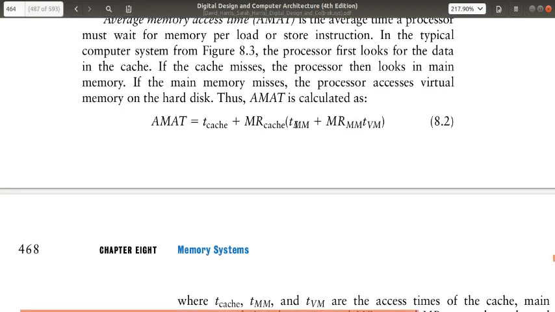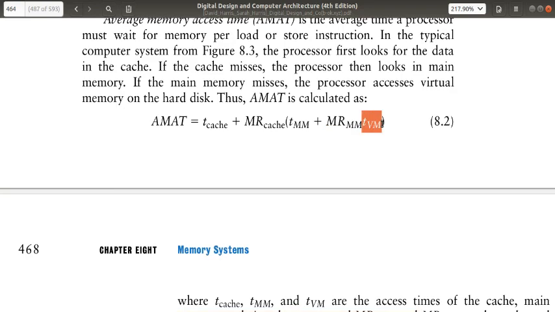So it is the time for accessing the cache plus miss rate of cache into whatever comes after that. What comes after that? It could be there in the main memory, that is the time for access in the main memory. If there is a miss, then miss rate of main memory into time for access in the virtual memory.